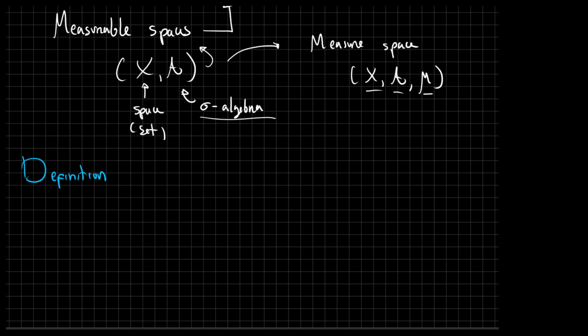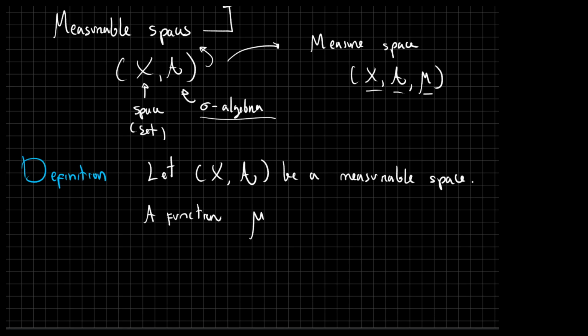So we will formalize this, and to do that we start with our main definition. Let X and A be a measurable space, and let mu be a function that goes from the sigma algebra into the interval from zero to plus infinity.